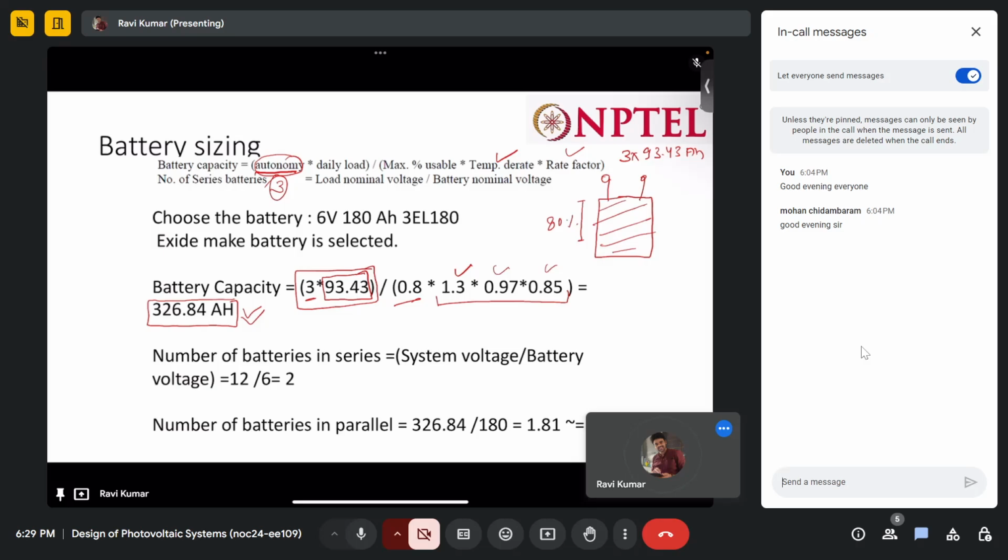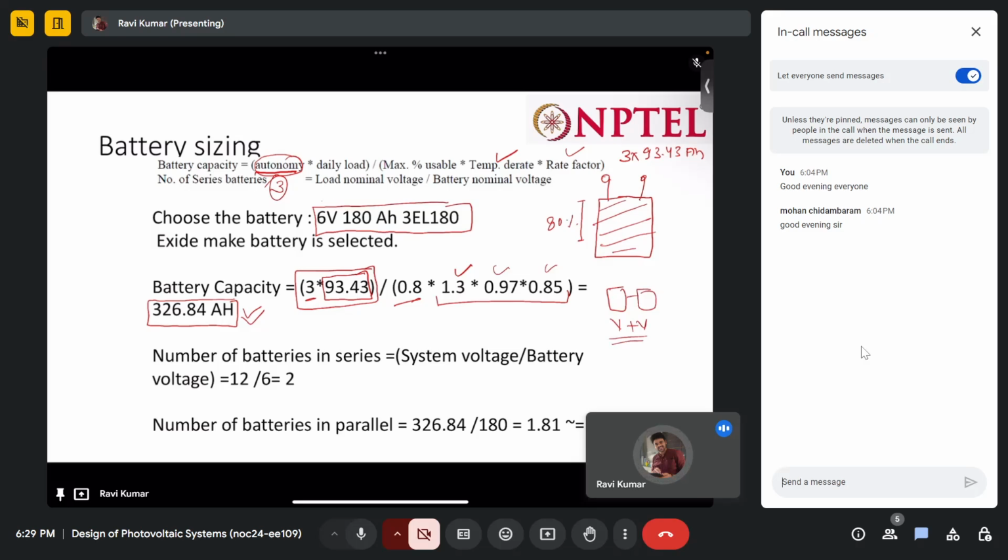Now, if we have already chosen a battery from the field or from a market survey, we have obtained that there is a battery which is 6 volt, 180 ampere hour. So how many batteries do you require in series? In series, voltage will add.